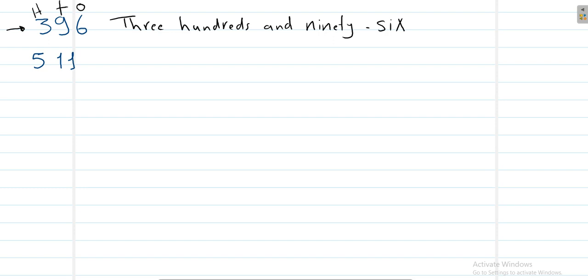Okay, what about this number? We have to put the places first: ones, tens, hundreds, and I always start from the left. So I would say 5 hundredths, 5 hundredths. Okay, and I have 1 in the tens.